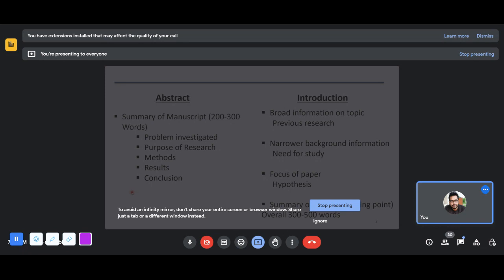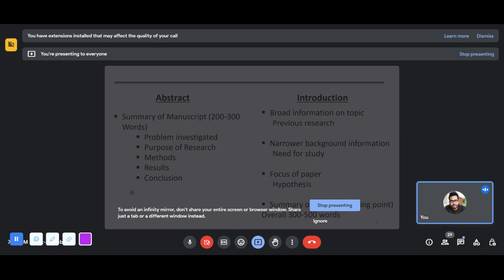So abstract, in most of the papers if you see, there's a limit of around 200 to 300 words. This is roughly, but there are different specifications for different journals, obviously. For every specific section, like abstract, introduction, research and result and discussion, there are different criteria that you have to remember, right?